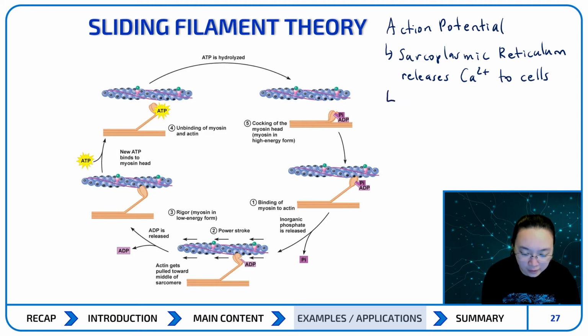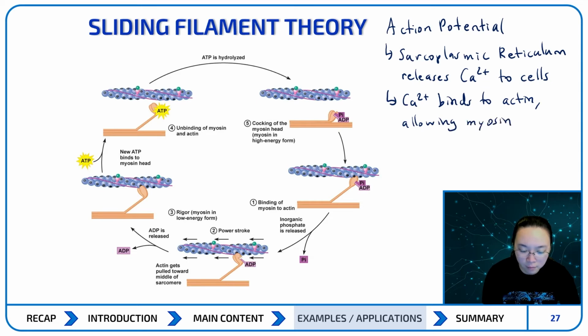So the next step would be calcium binds to actin, allowing myosin to bind and form a cross bridge.